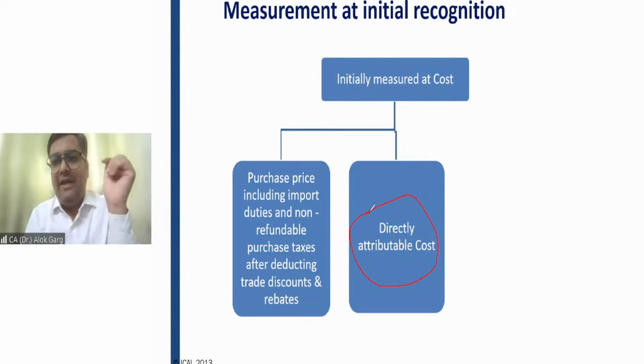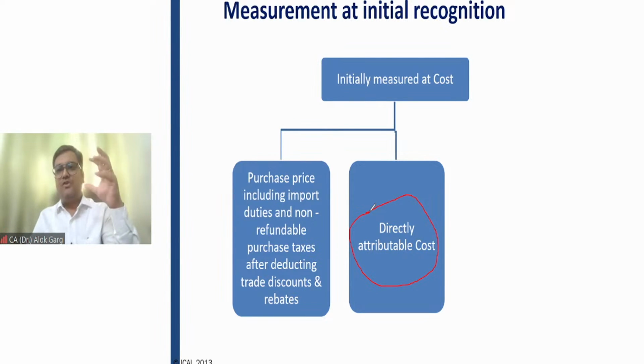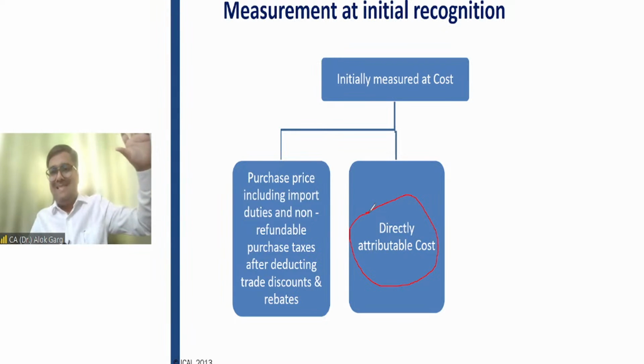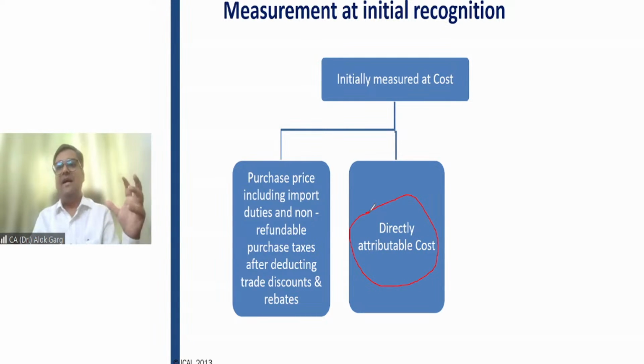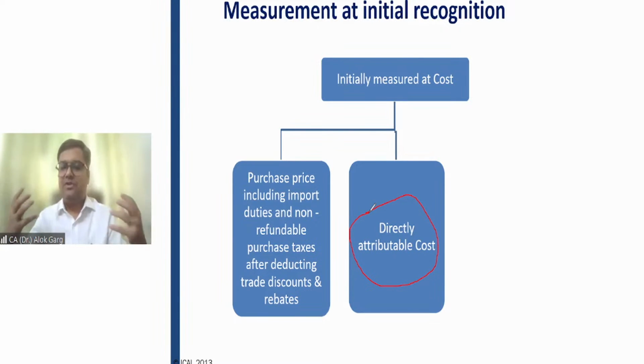For example, when this entity is buying a machinery from China, there is a cost. The machine will come from the Chinese plant to the Shanghai port. It will have a transportation cost. The machine will come from Shanghai port to the Kandla port, right? There will be a transportation cost.